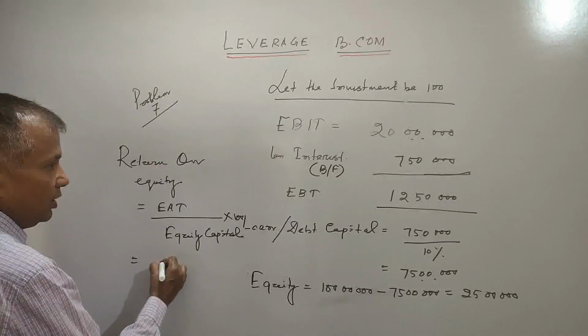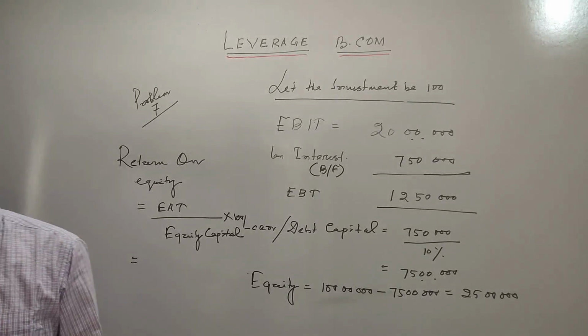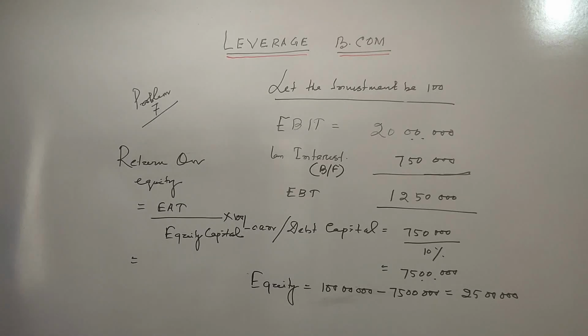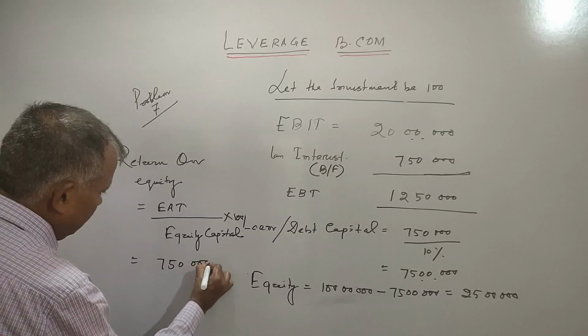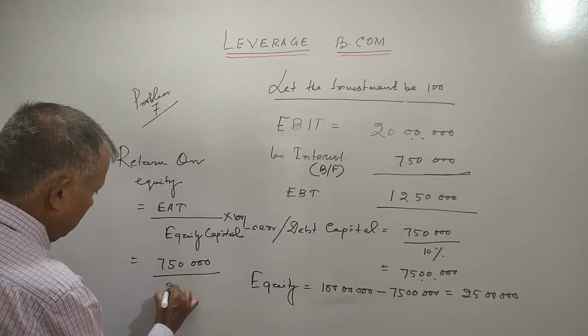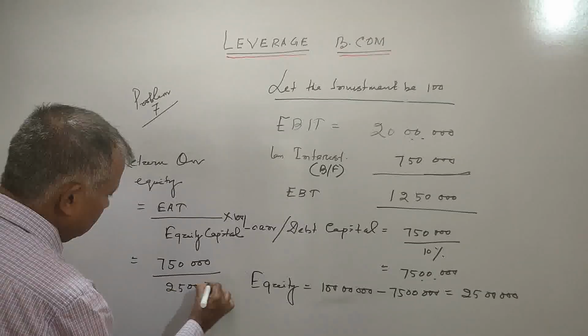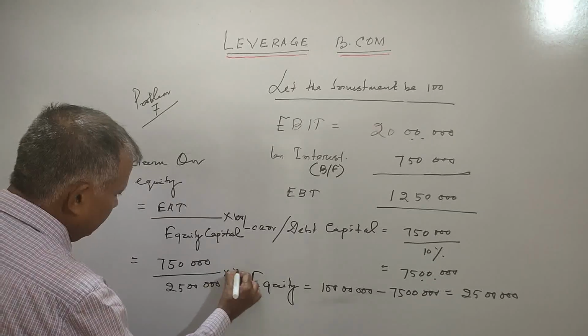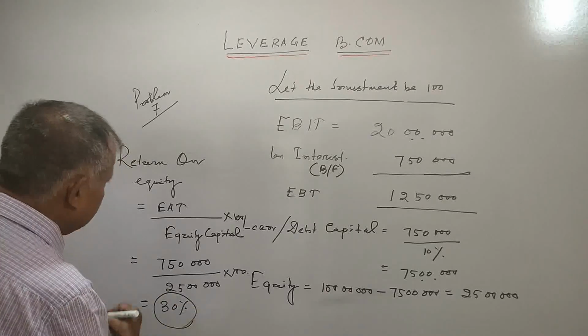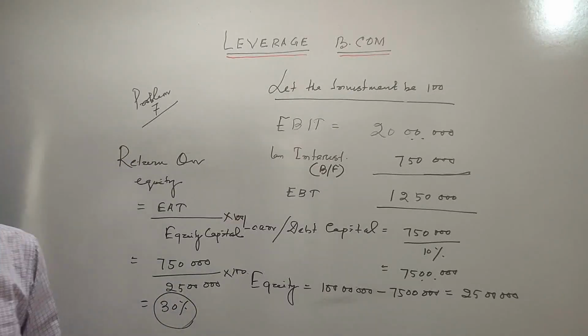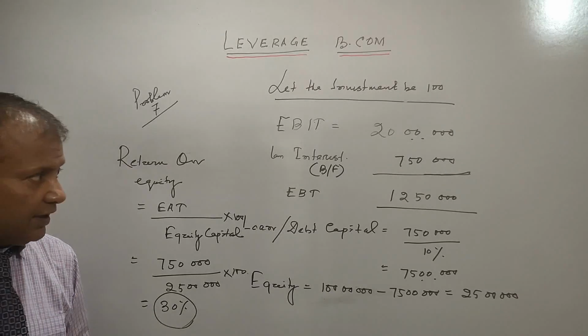EAT is equal to, we have found out the EAT, that is 7,50,000, and equity capital 25 lakh into 100, it comes to your 30% is the return on equity. So friends, 30% is the return on equity what they have asked us in the question.